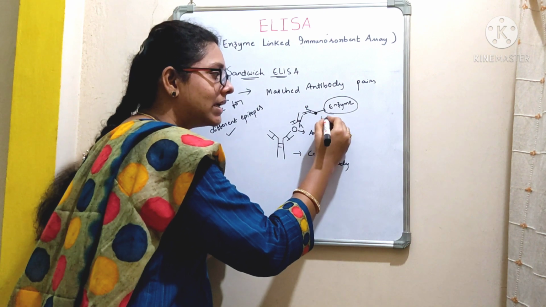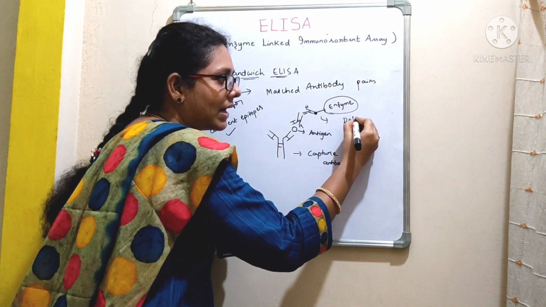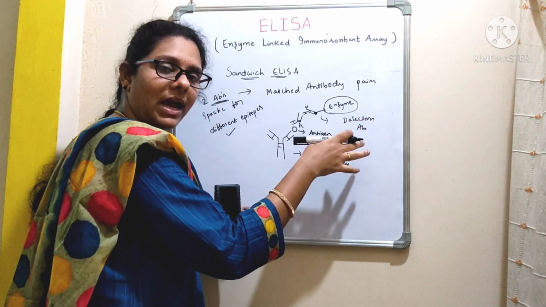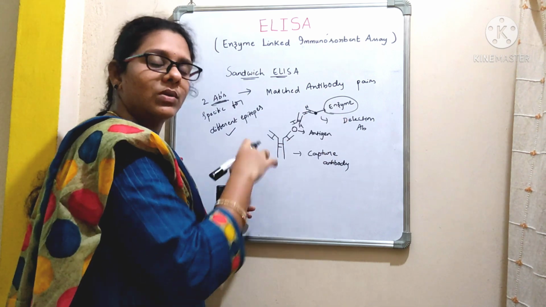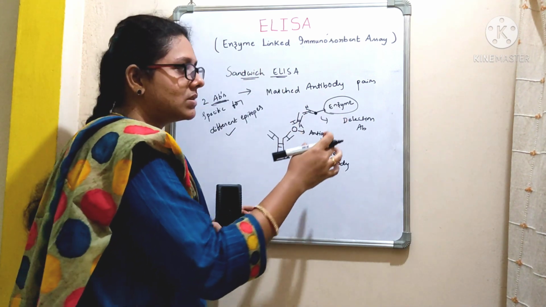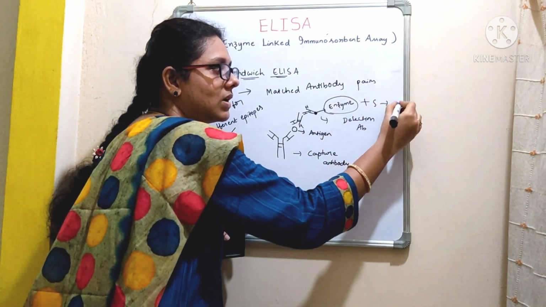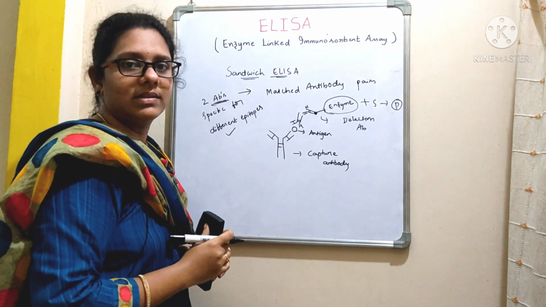So this is the capture antibody and this is the detection antibody. We call it a detection antibody because it acts as a marker here. Later, in the subsequent reactions, when it reacts with the substrate, it will give rise to a colored product. This is about the sandwich ELISA.